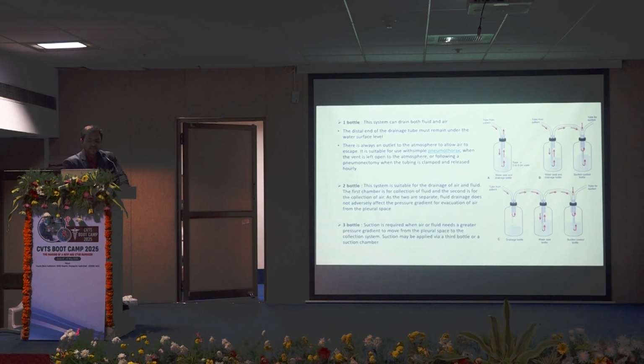The 2 bottle system is used when minimal suction is required, and the extra bottle prevents trauma to the lung caused by the negative suction. When more suction is required, for thick fluid or something similar, we use the 3 bottle system, where drainage and water seal are in the second bottle and suction control is maintained in the third bottle.